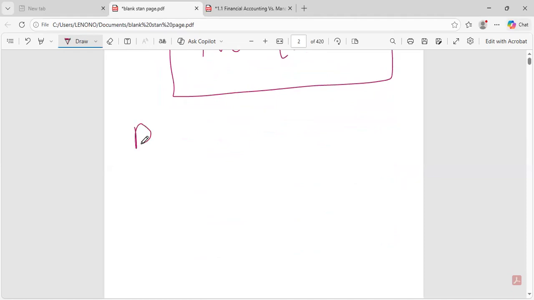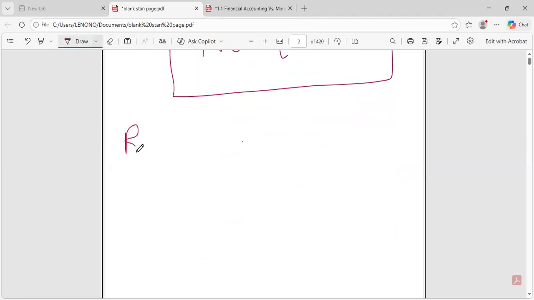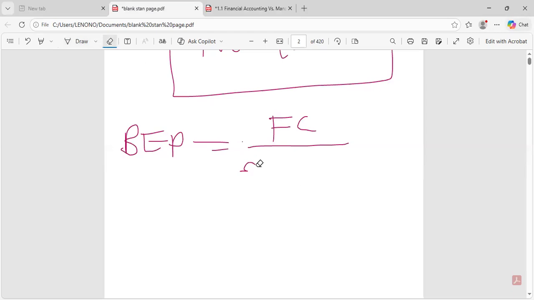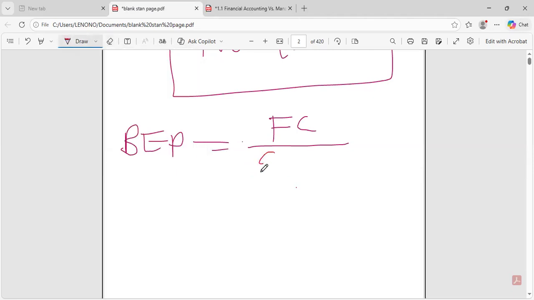So now our BEP. BEP is equal to fixed cost over selling price per unit, or in short, we just say over CPU. CPU is the contribution per unit. That's the formula.